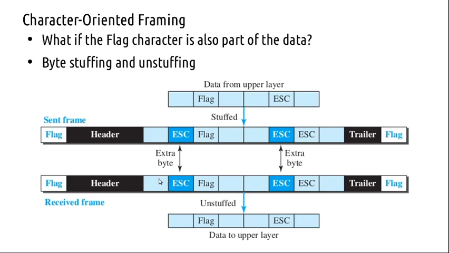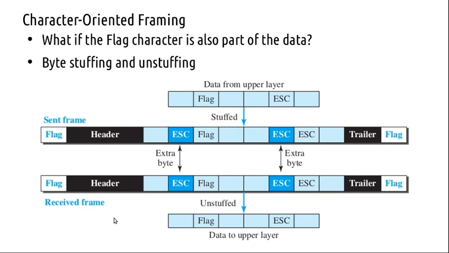In such a case, you will prefix another escape sequence just to indicate that the sequence that comes next is data rather than an escape sequence. This process is called byte stuffing. You are stuffing a byte, 8 bits, an escape sequence, into the data frame, and it is unstuffed at the receiver side.